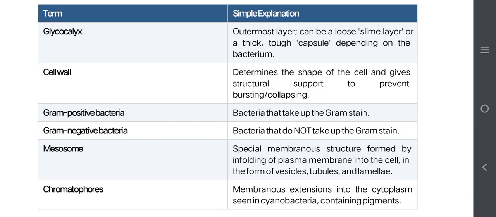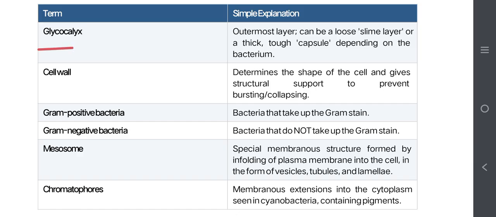So now we will break it down term by term. First is the glycocalyx. It is the outermost layer, the very outermost layer.